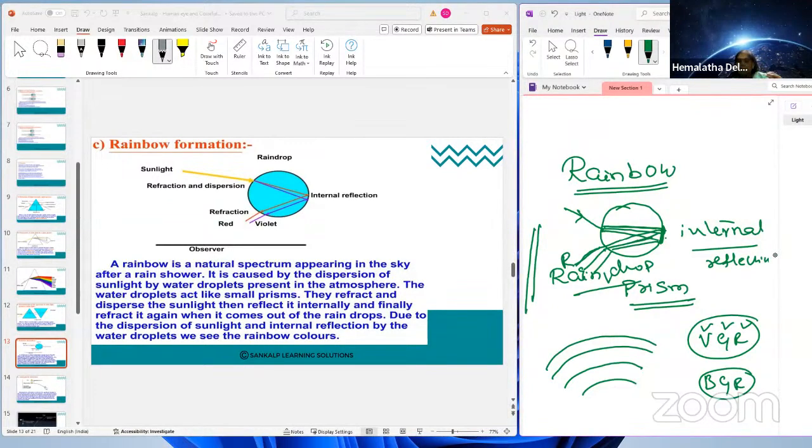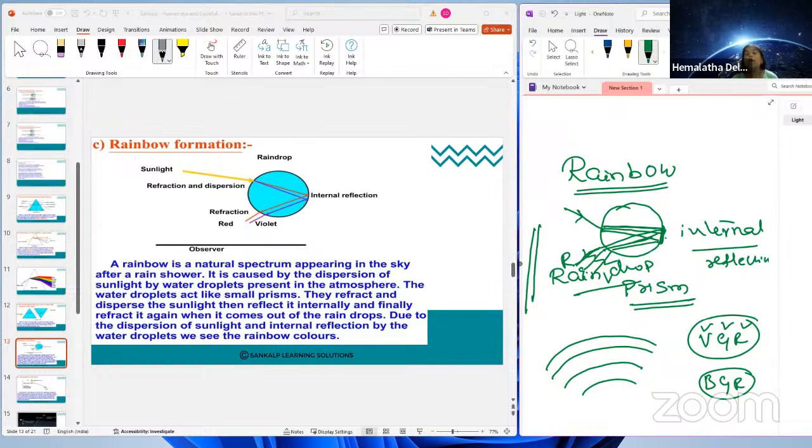First is refraction. Next, the dispersed colors are there, and again the internal reflection happens, and the outcoming ray is the emergent ray. The emergent ray is the dispersed light, the splitting up of light. So it is refraction, dispersion, internal reflection, then refraction and dispersion. This is how they will ask the question.